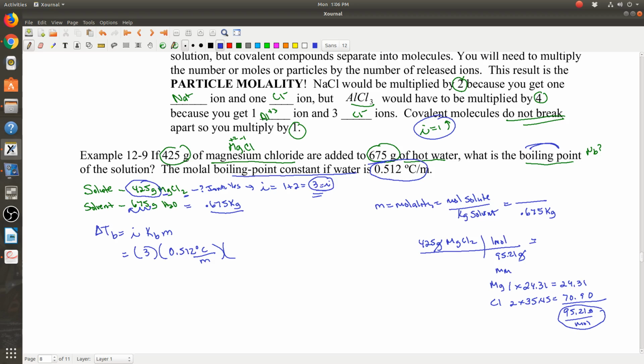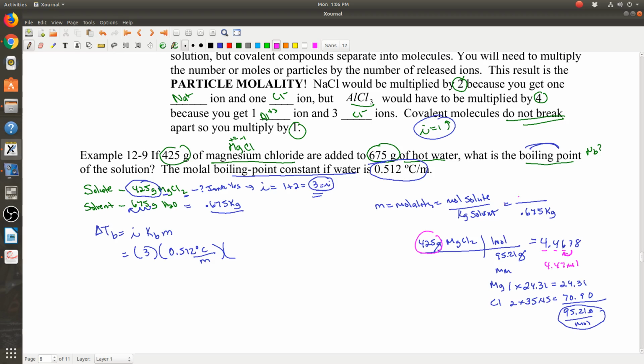I just multiplied it. That would have been a bad mistake. Divided by 95.21 is 4.4638. I look at significant figures, 3 sig figs, 1, 2, 3. That causes it to stay down. I don't round it up. So it's 4.47 moles.